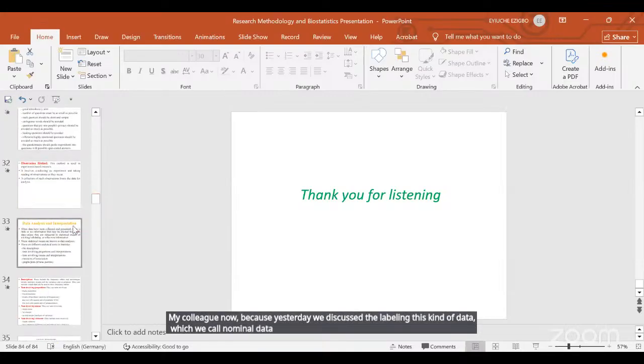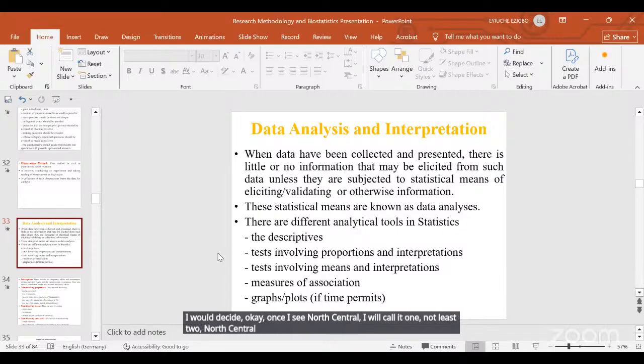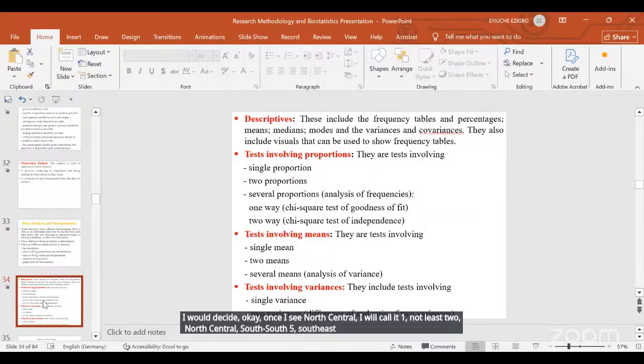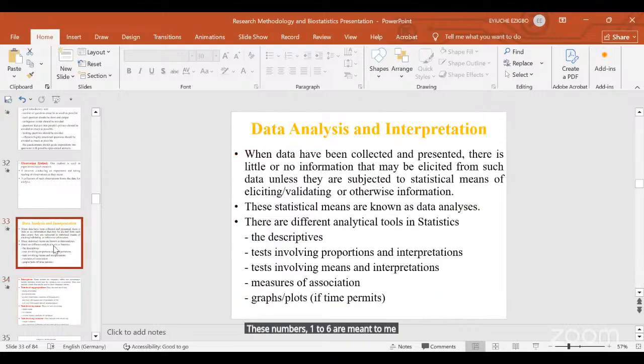I will decide, okay, once I see North Central, I will call it 1, Northeast 2, Northwest 3, Southwest 4, south-south 5, southeast 6. These numbers 1 to 6 are known to me alone. Another person may choose another labeling. I hope it's clear. It's going to be part of the processing.